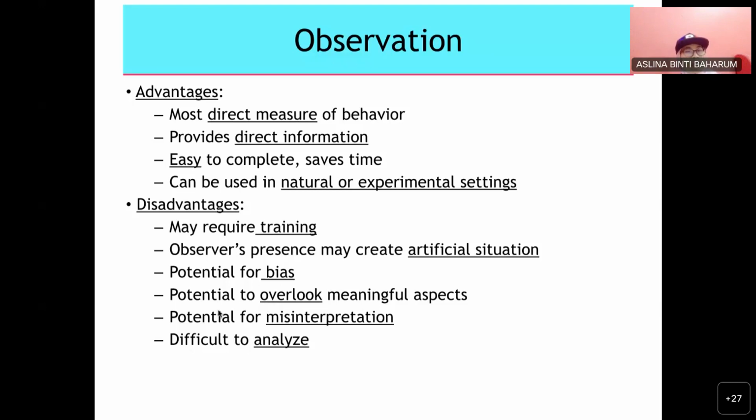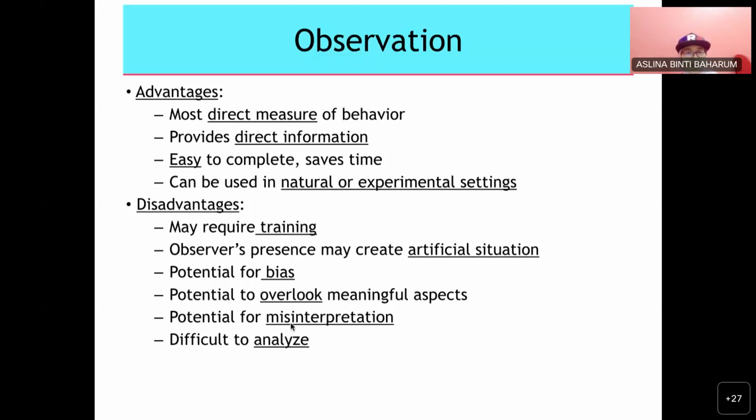Potential to overlook meaningful aspects. Because again, some persons have a detailed interpretation. Some people just simply look and then interpret. So you might overlook some meaningful aspects that are needed for your design.